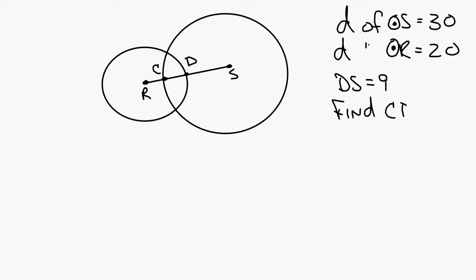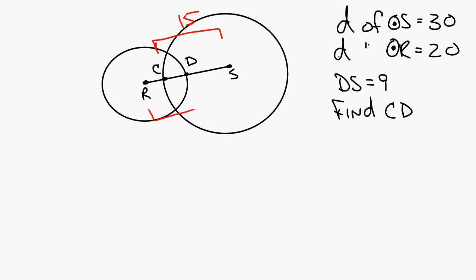Don't let the circles mislead you here. It's a segment addition postulate problem, and all you need to focus on is this segment. The diameter of circle S is 30, so how far is it from C to S? It's 15. If the diameter of circle R is 20, how far is it from R to D? 10.